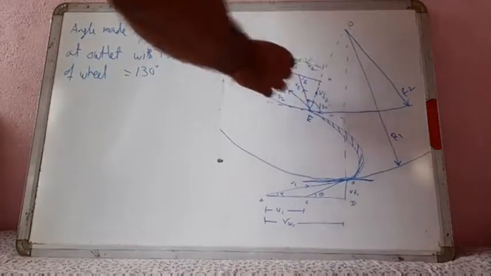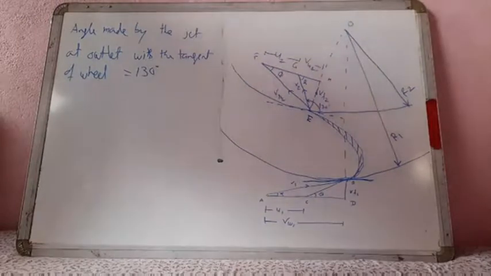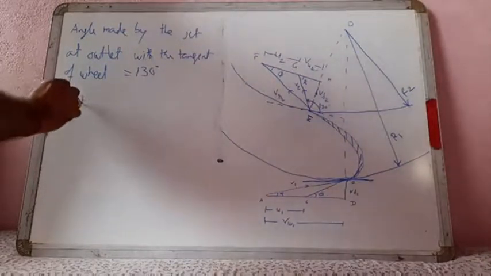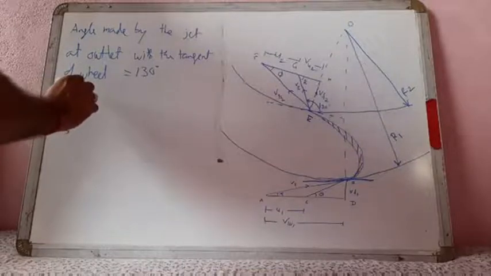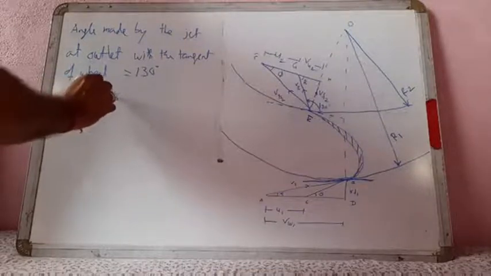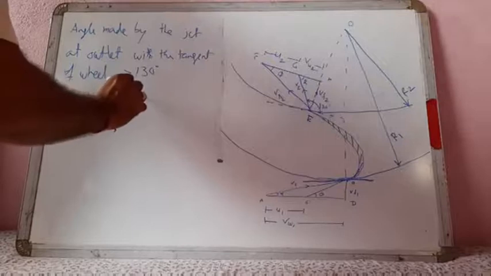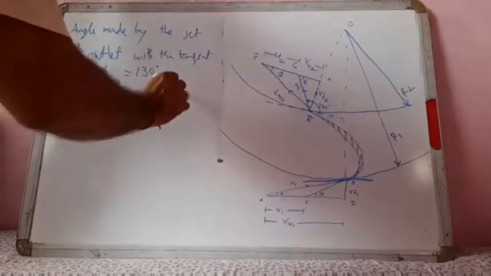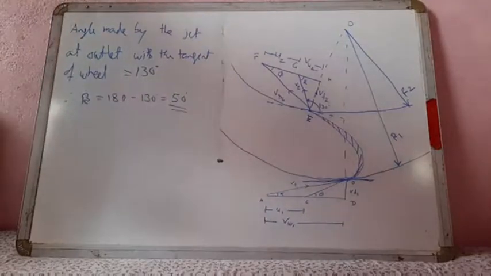This is given. So we have to find the angle beta. This angle beta is equal to 180 minus 130, so beta is 50 degrees.